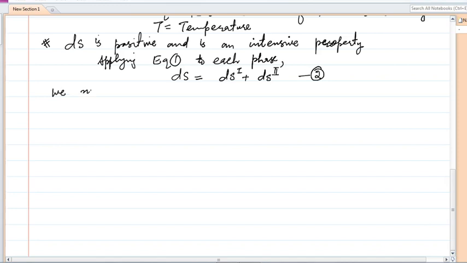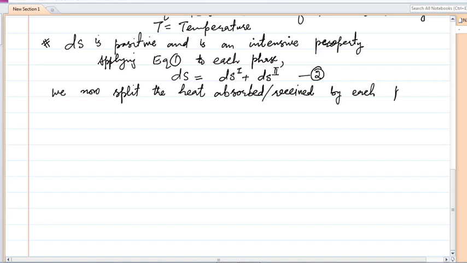We now split the heat absorbed, heat received you can say, by each phase into two parts.